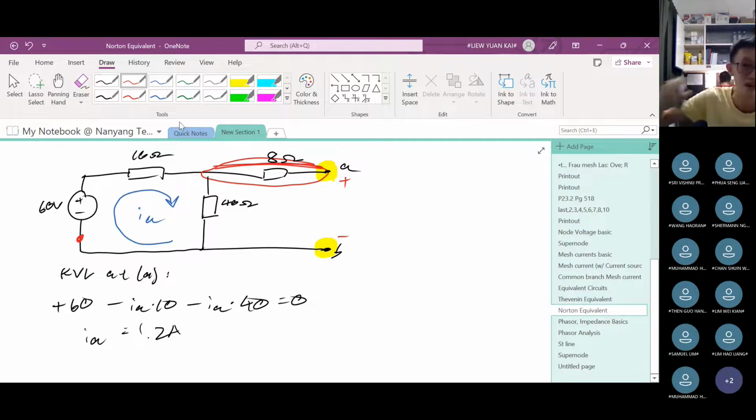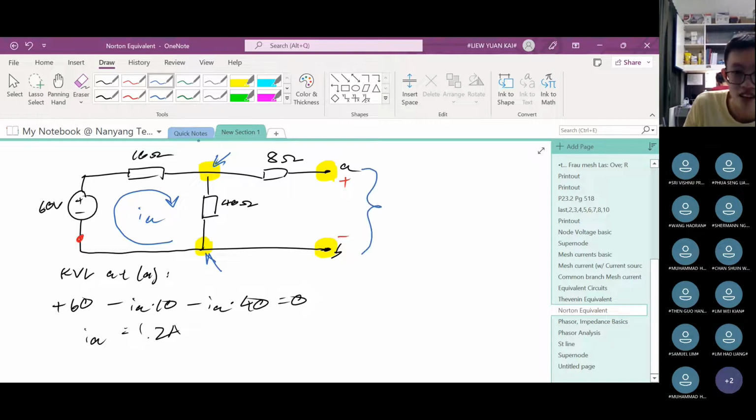That means the whole top is the same voltage value. So if I can find the voltage drop across these two nodes, it will be the same as the voltage drop across A and B. So this VAB, the Thevenin voltage, is the same here. So this is also Thevenin.